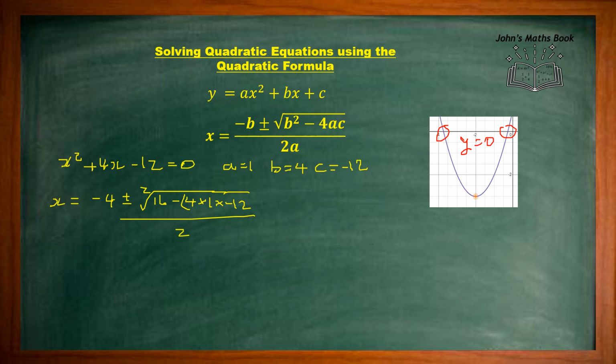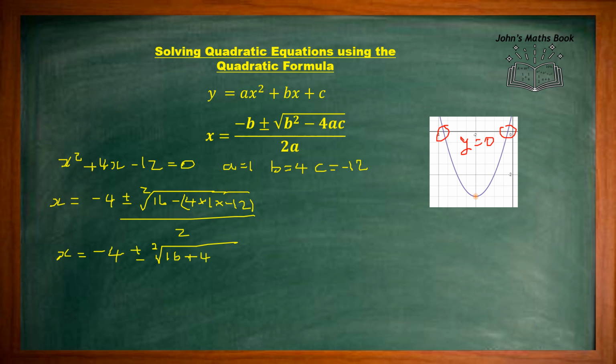So let's expand that, and we get x is equal to minus 4 plus or minus square root of 16, and then 4 times 1 times minus 12 is 48. So it's minus 48, and there's a minus in front of it, so it becomes a plus 48.